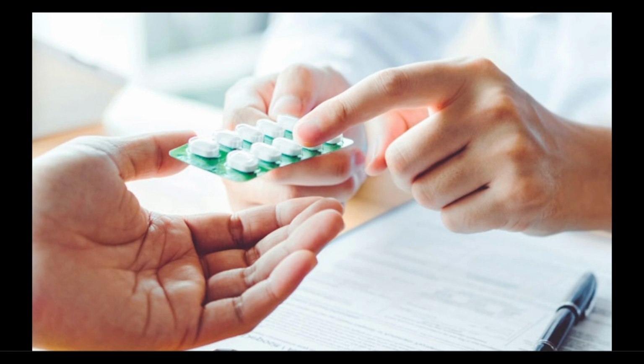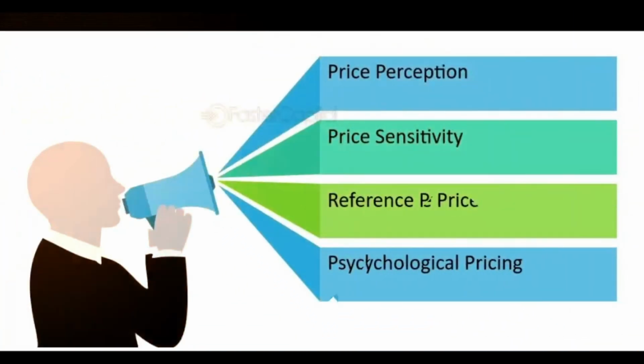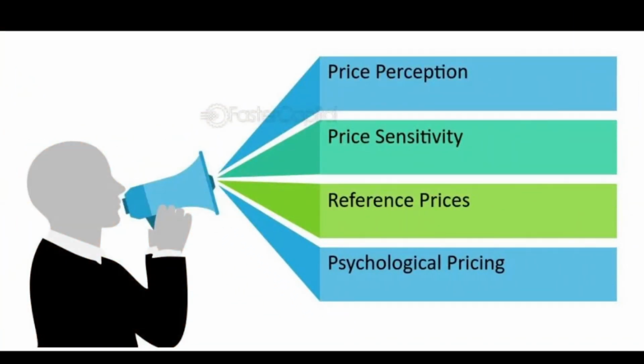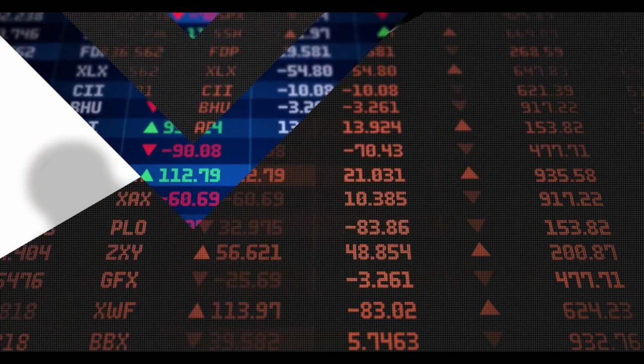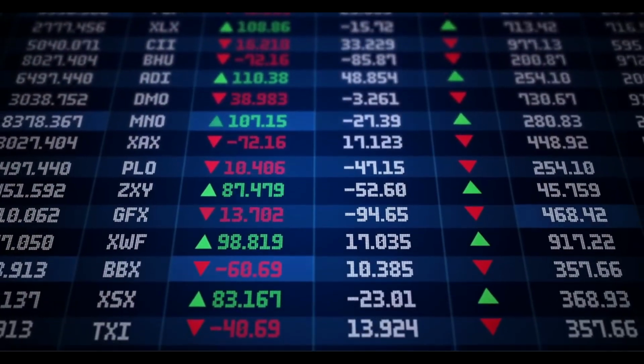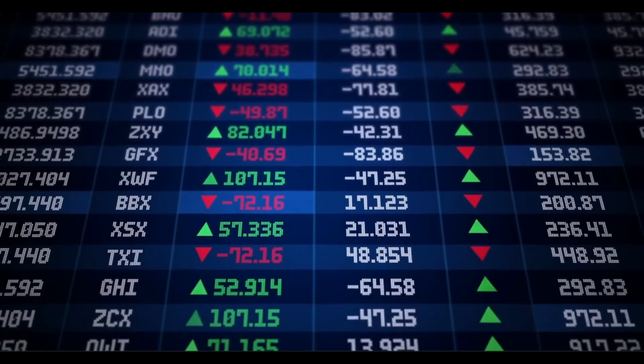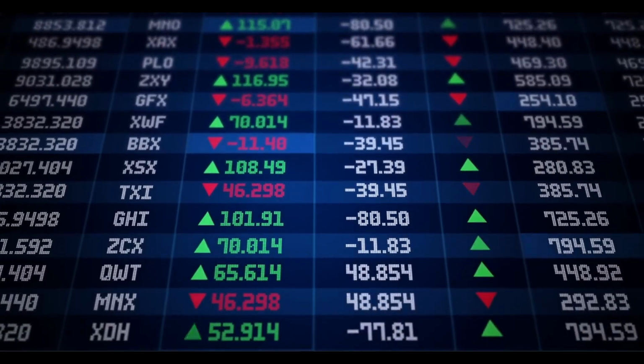And an inelastic product could be prescription drugs, where people are going to buy them regardless of the price because of the necessity. So understanding price sensitivity and demand elasticity is really important for analyzing consumer behavior. And as we see, there are a lot of ways businesses use statistics to work with demand elasticity so they can maximize revenue.